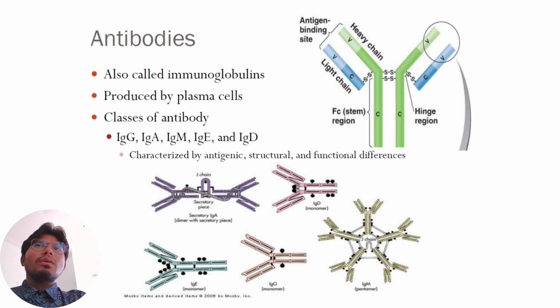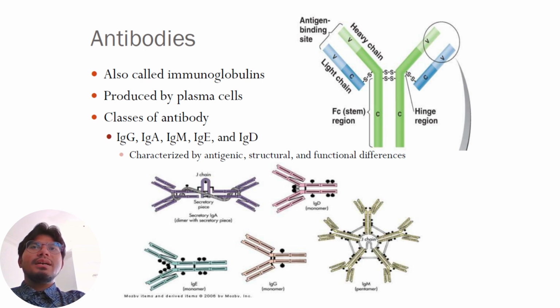So antibody, also called immunoglobulin, is a Y-shaped protein that has an antigen binding site that will try to catch or bind with the antigen, and there will be a series of processes to kill the pathogen. In general, there are five classes of antibody: IgG, IgA, IgM, IgE, and IgD.